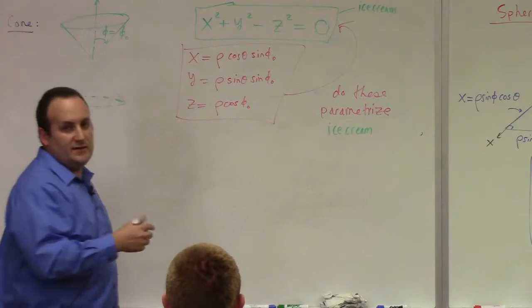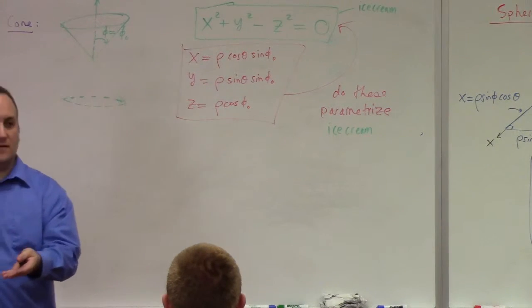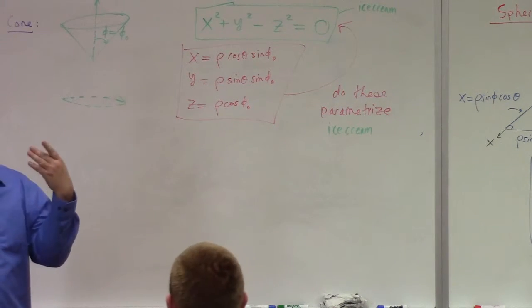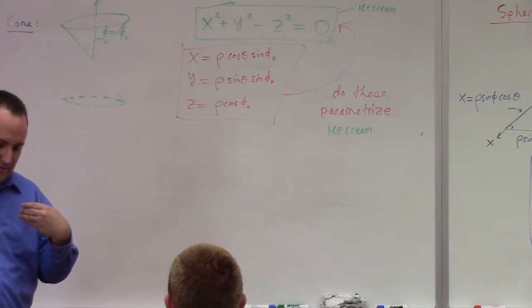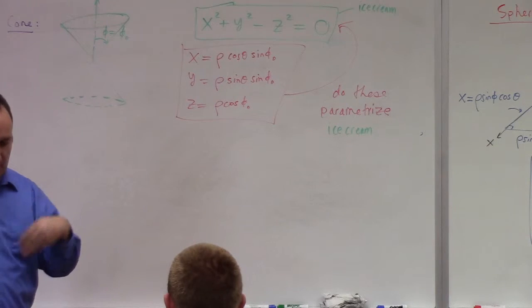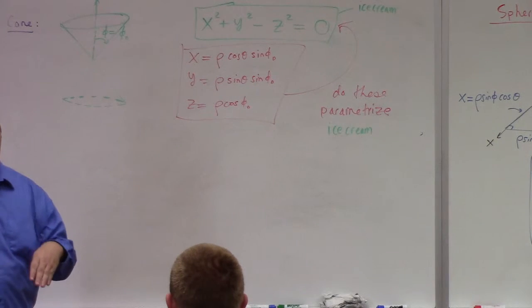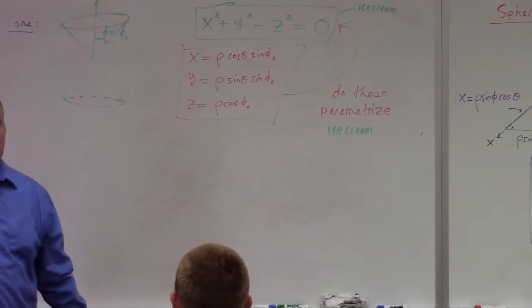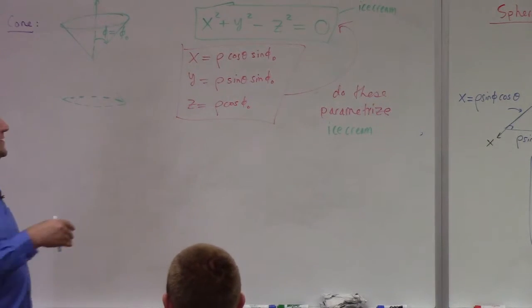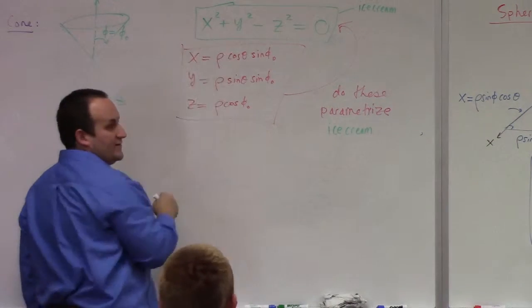So if you go to the parameterization store and they sell you a parameterization for the level surface, if you plug the parameterization into the equation for the level surface and it doesn't satisfy the equation, you should take it back. So we can plug these in and see if it actually works.